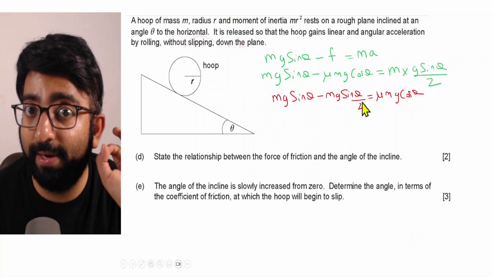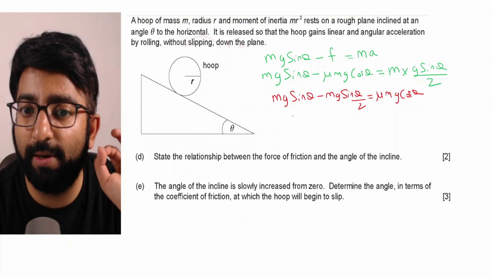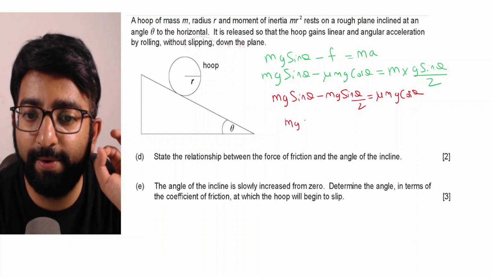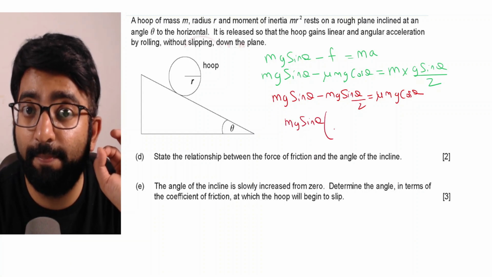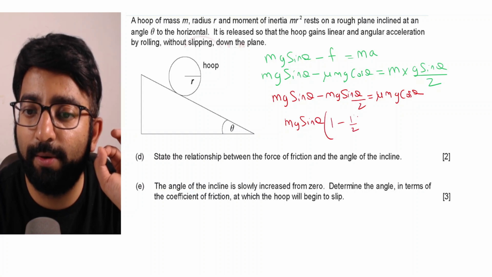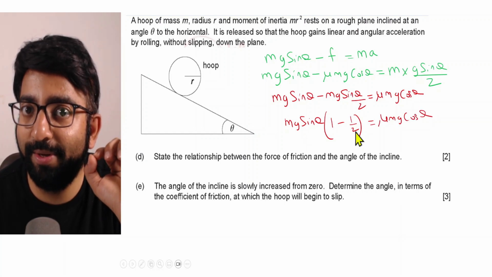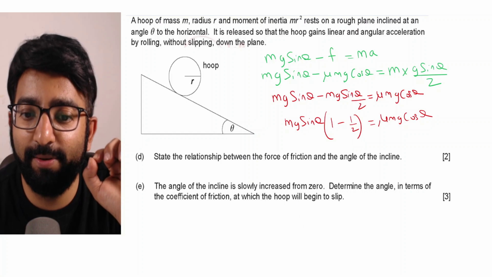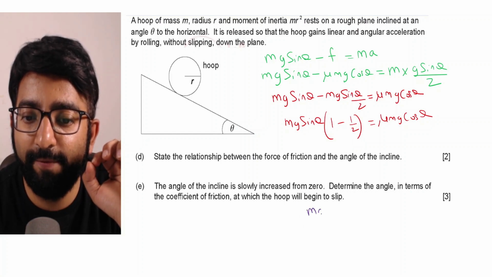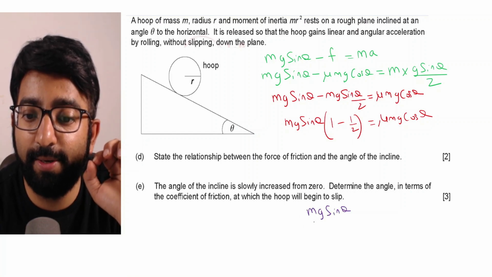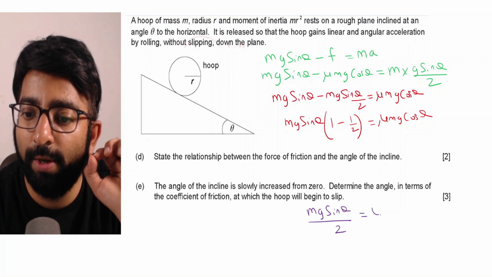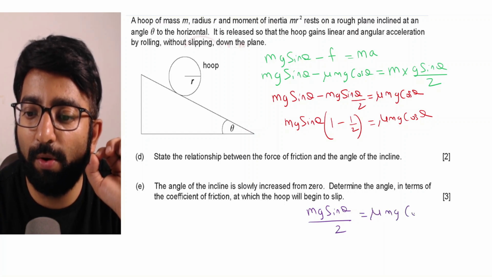If we simplify the left hand side, let's take mg sine theta common from both terms. We will write mg sine theta, and in the bracket we will get 1 minus 1 by 2. Now 1 minus 1 by 2 is 1 by 2. So on simplification, we will get mg sine theta divided by 2 equals mu times mg cos theta.